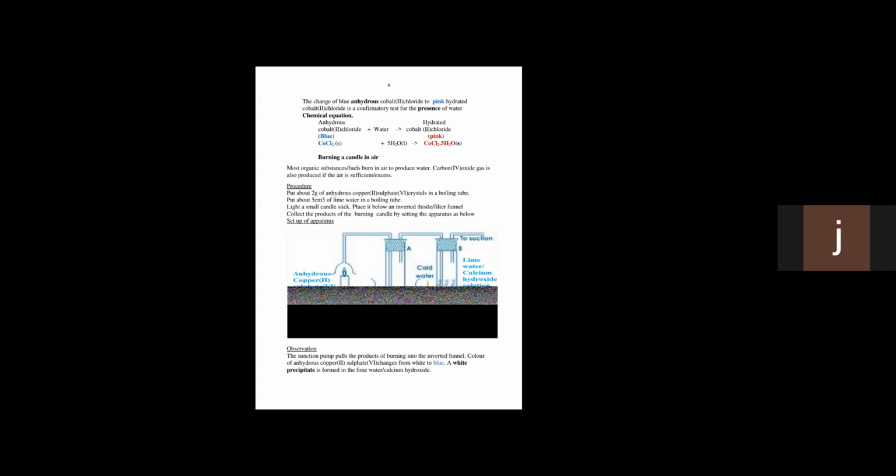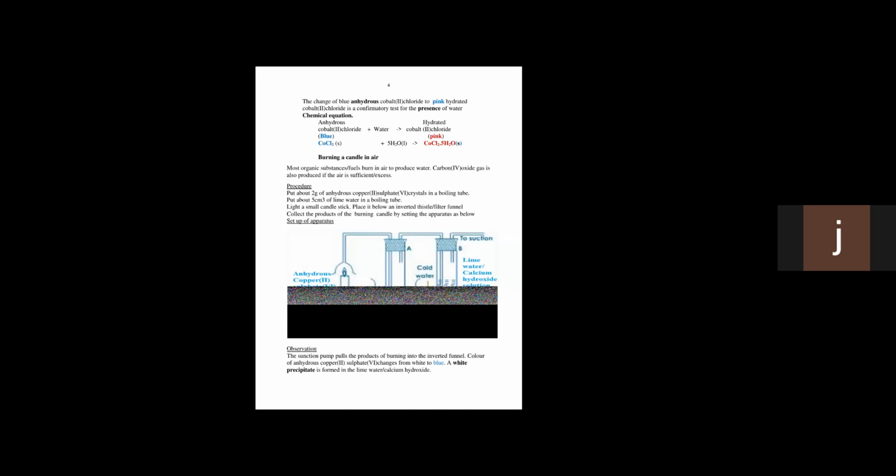Candle wax is among the hydrocarbons we listed, and we said once these hydrocarbons burn in air, the hydrogen in them combines with oxygen to form water, and carbon combines with oxygen to form carbon dioxide.